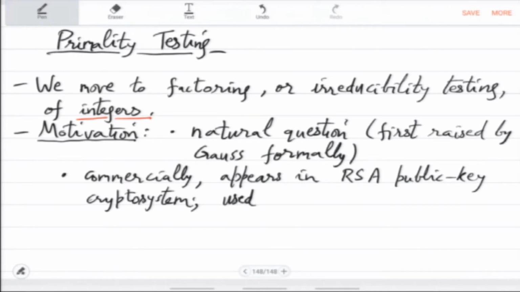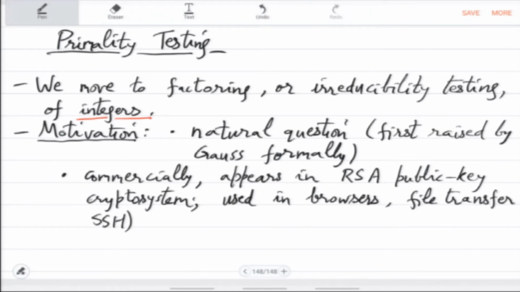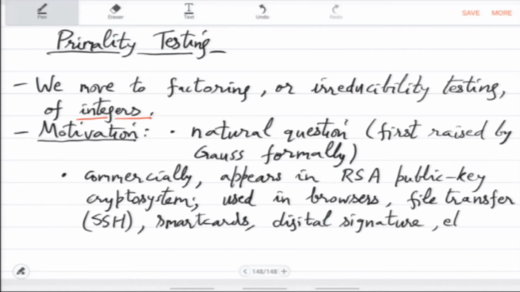So it is used in browsers, file transfer, like SSH, smart cards, digital signatures, etc. Okay, so it is both a fundamental mathematical question and it is also used in the industry.